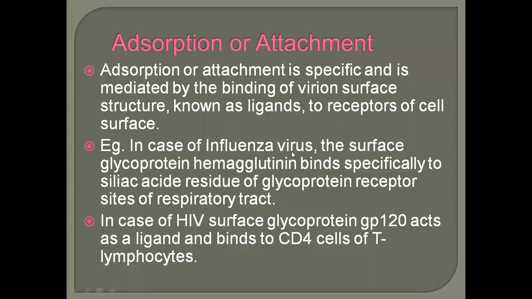This is a glycoprotein receptor, and the influenza virus binds with the host cell. In the case of the HIV virus, which also has spikes, the glycoprotein GP120 acts as a ligand and binds to CD4 on T lymphocytes.